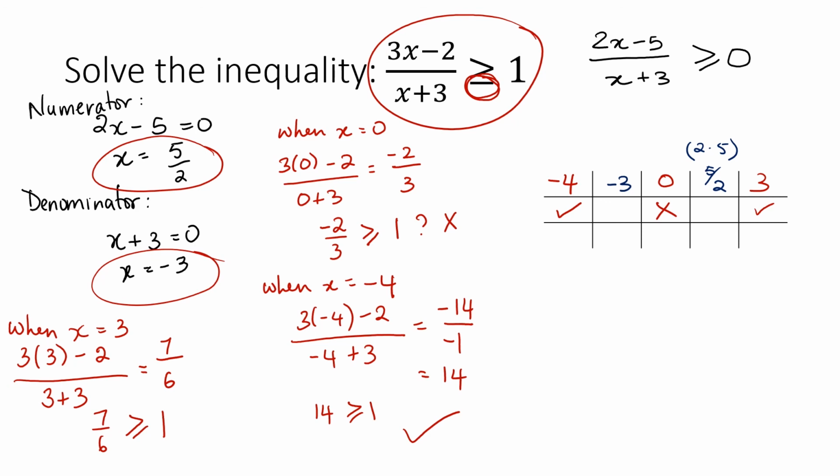So keep that in mind. So let's write our solution. Our solution will therefore be x is less than -3, in union with x being greater than or equal to 5/2. So this is our solution.